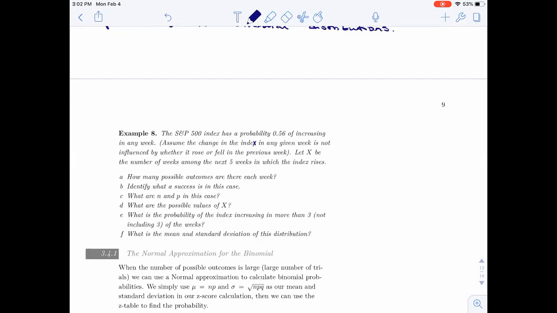And we want to know first, how many possible outcomes are there each week? Each week, we only have 2 outcomes. Right. It can go up or it can go down.